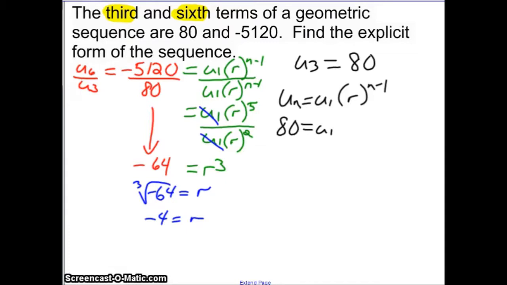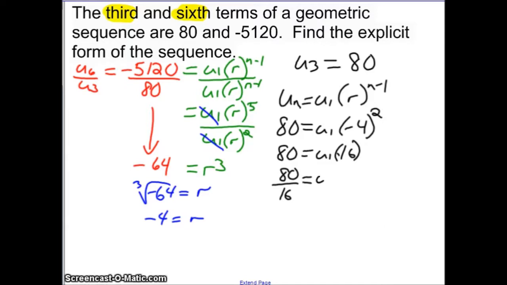I'm looking for U sub 1. My common ratio is negative 4. This is the third term, so 3 minus 1 is 2. Negative 4 to the power of 2 is positive 16. So I've got 80 over 16 equals U sub 1.